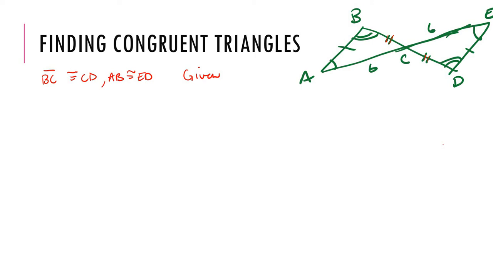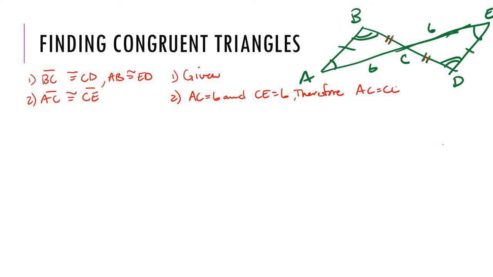I also now can say that AC is congruent to CE, and my reason is that AC equals 6 and CE equals 6. So therefore, AC equals CE.